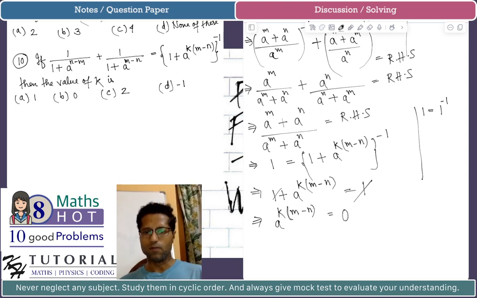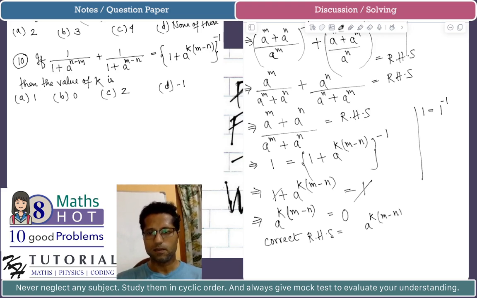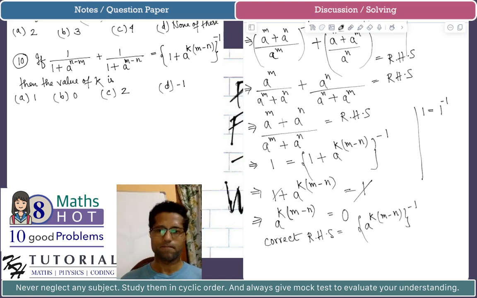So in the problem statement, I think the correct right hand side should have been a raised to the power k into m minus n, and this whole raised to the power minus 1.